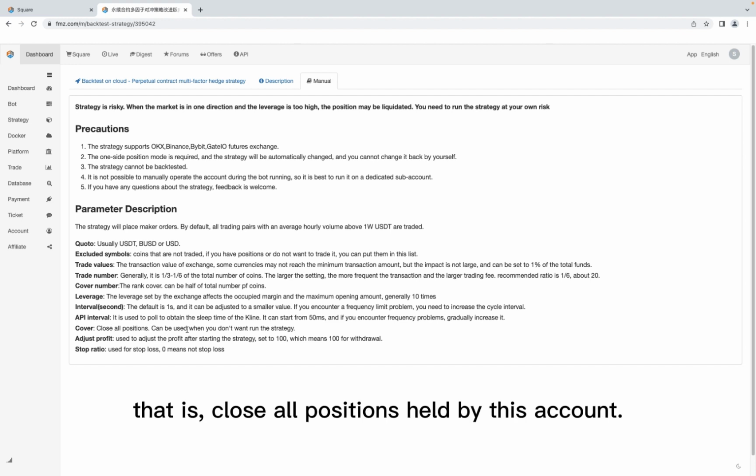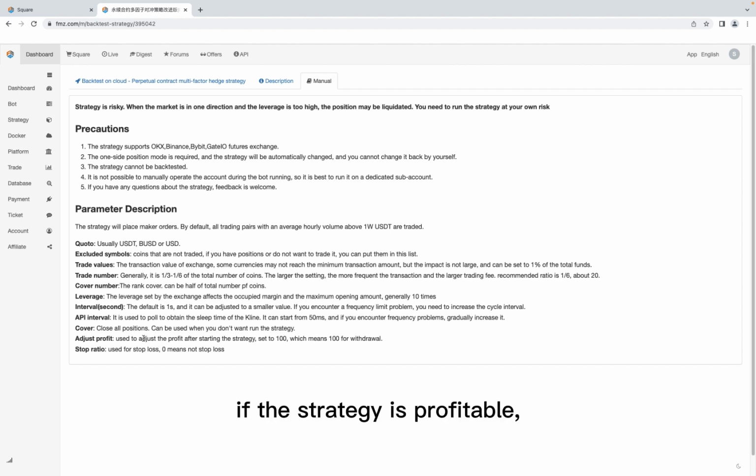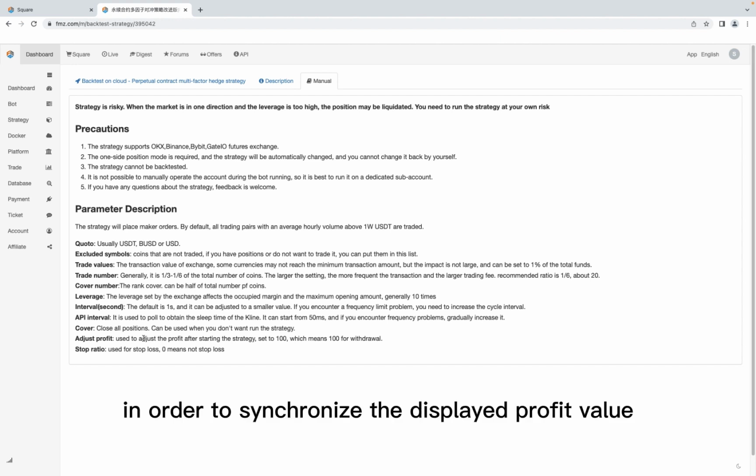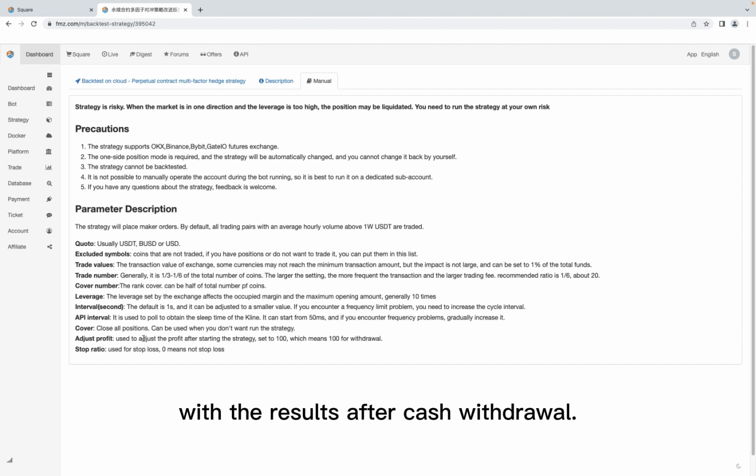That is, close all positions held by this account. The following parameter is called adjust profit, which is mainly used for cash withdrawal if the strategy is profitable, in order to synchronize the displayed profit value with the results after cash withdrawal.